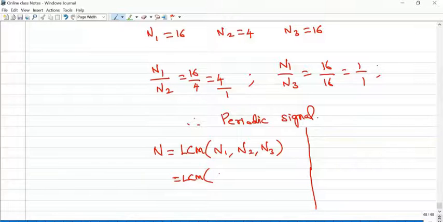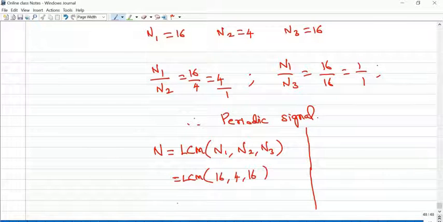LCM of 16, 4, 16. So what is the LCM? The least common multiple of 16, 4, 16. What is the value?